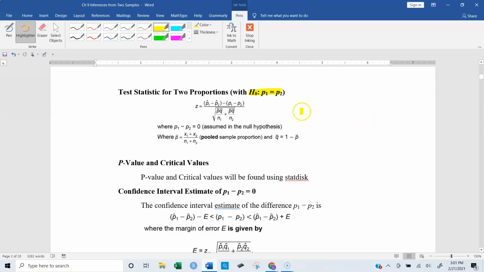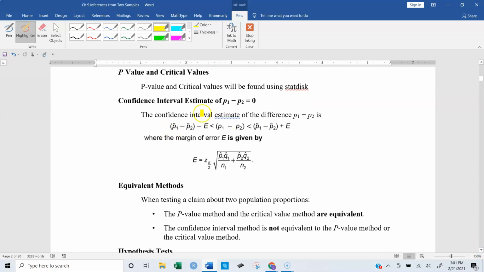Your test statistic is found by p̂1 minus p̂2, so your samples, minus p1 minus p2 of your population. And these are your pooled. That's what the bar above means. So probability of success, probability of failure over how many you have, if you need to calculate them by hand. We're hoping that this does not happen.